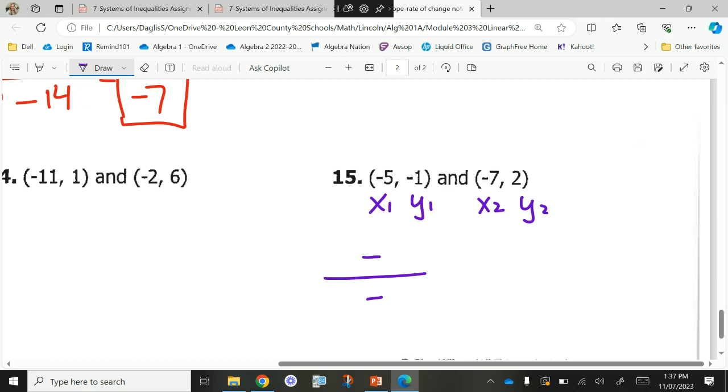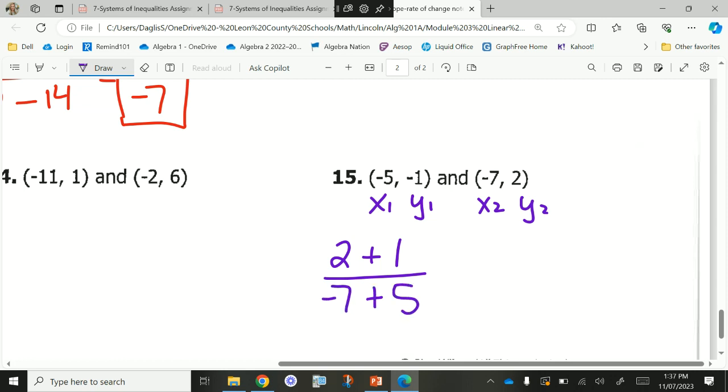All right, what does our numerator look like? 2. Yeah, 2 plus 1, because it was minus -1, right? Are we okay with that? Yeah. Okay. -7 plus 5. There you go.